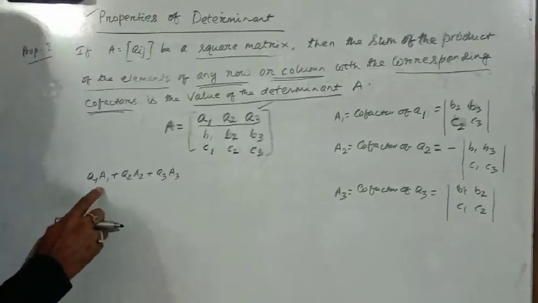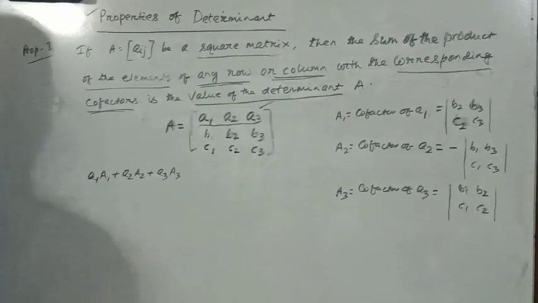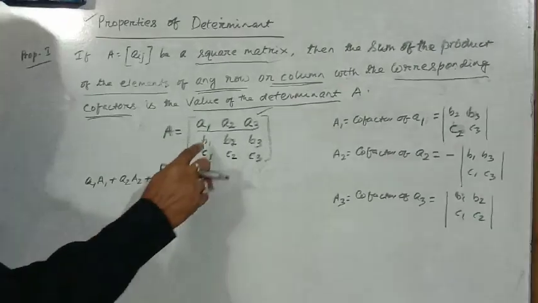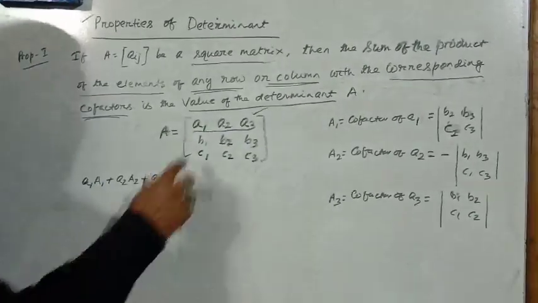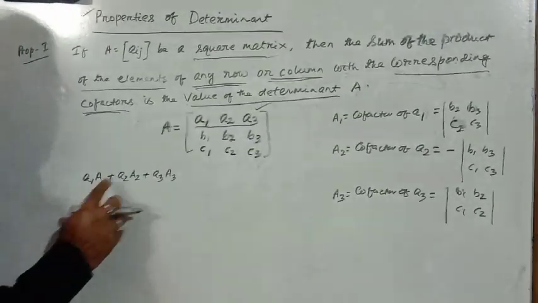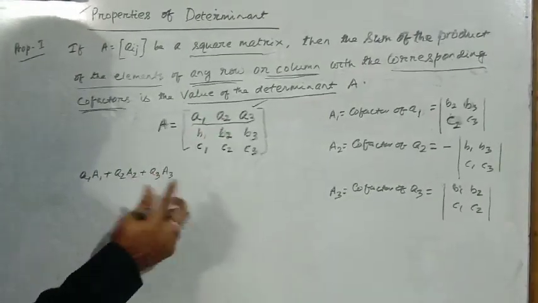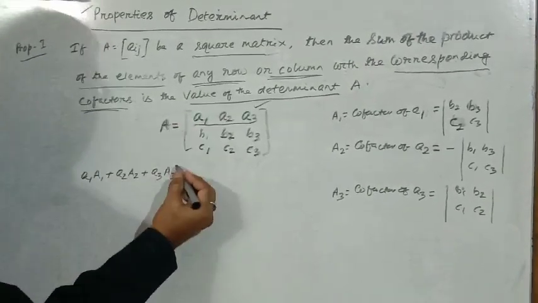Here we are taking the sum of the products of the elements of the first row multiplied with the corresponding cofactors of a1, a2, a3, which is always the determinant A.